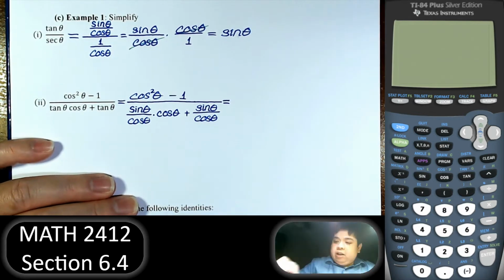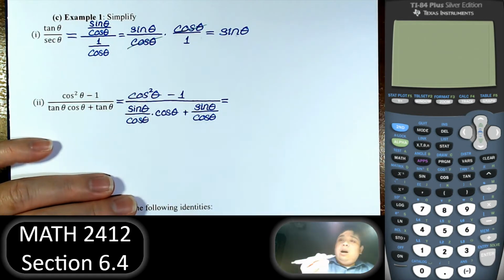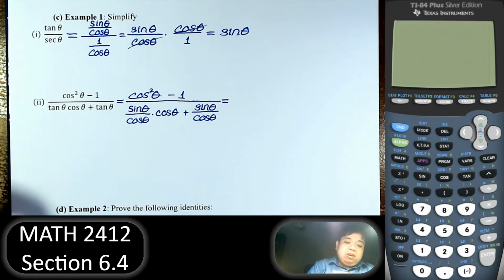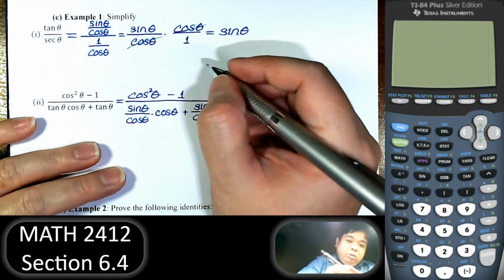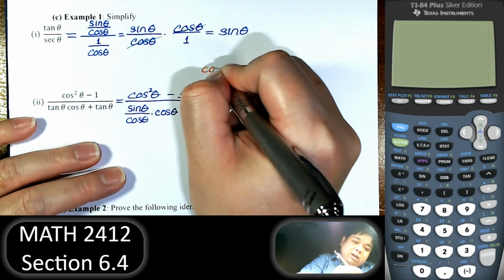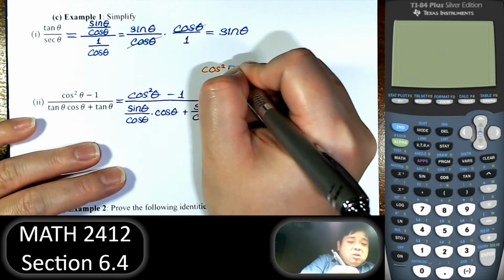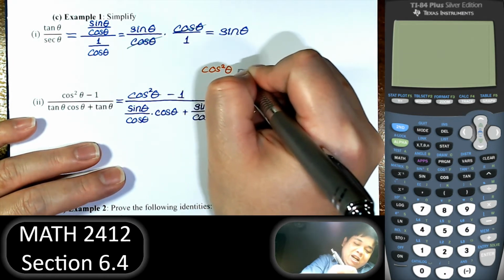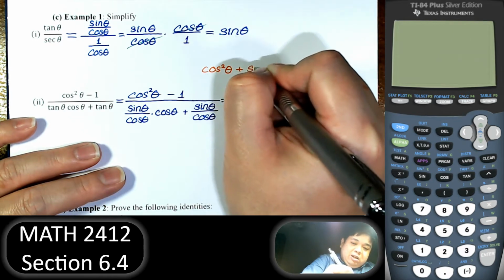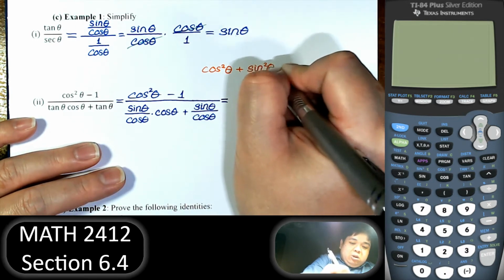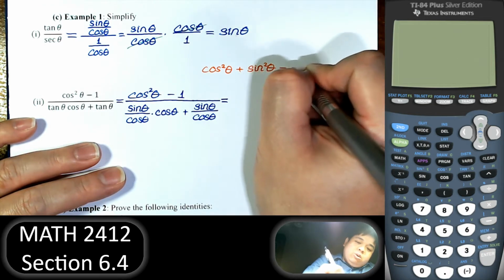What we can simplify here: more often than not, when we have cosine squared or sine squared, we might use a Pythagorean identity. Actually, there might be something else, but I look at the Pythagorean identity first. Cosine squared plus sine squared is equal to 1.